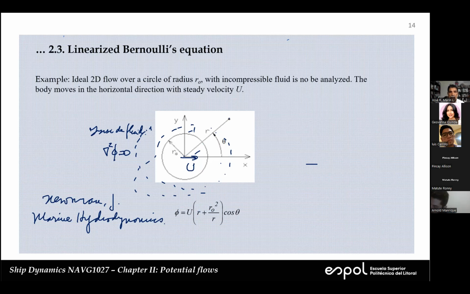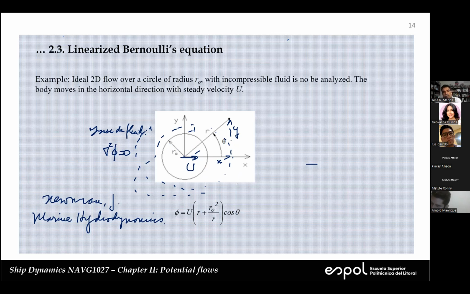So this point here has x and y coordinates, but it also has R theta coordinates, okay? R0 is the radius of this circle, of the disk. Theta and R are the polar coordinates, okay?